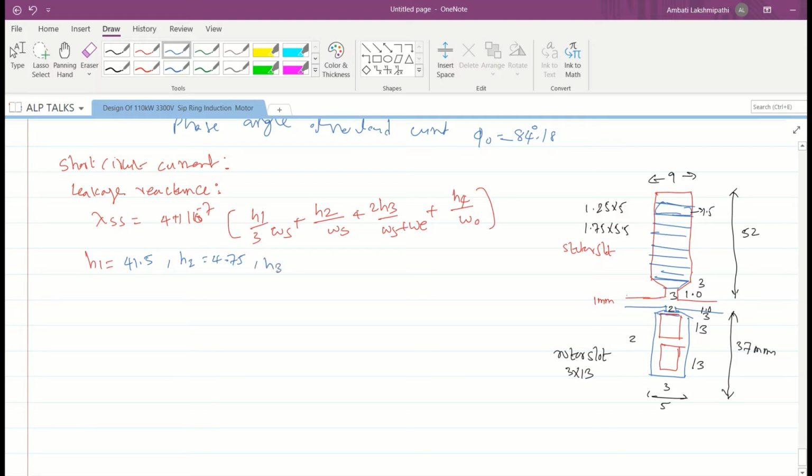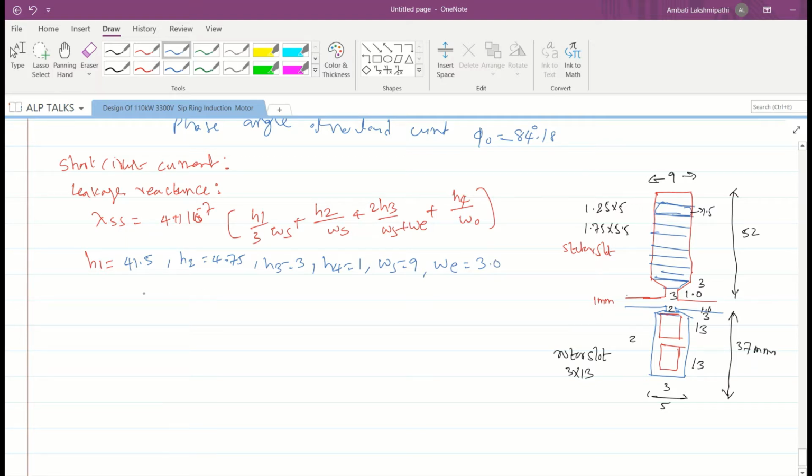Similarly, h3 is 3 and h4 is 1, and ws, the slot width, is 9 mm, and the slot opening we will say we, that is 3.0 mm.